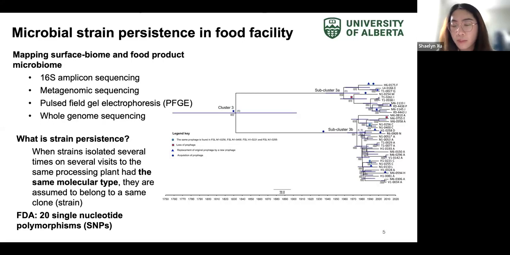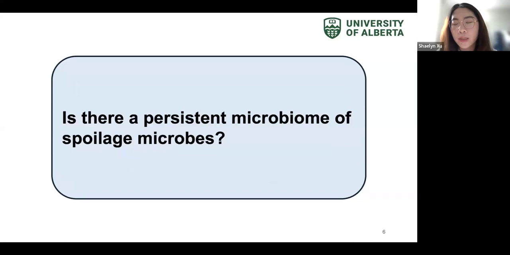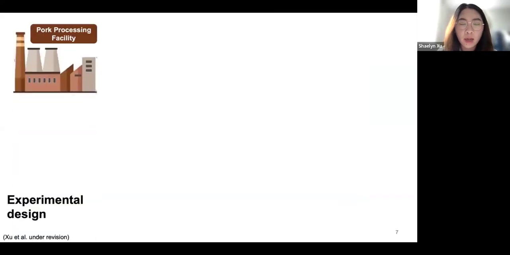However, we don't have this much detailed data related to food spoilage microorganisms. So my project started with a fairly straightforward question: is there a persistent microbiome of the spoilage microbes? To answer that, I visited this pork processing facility located in Alberta twice within 6 months.